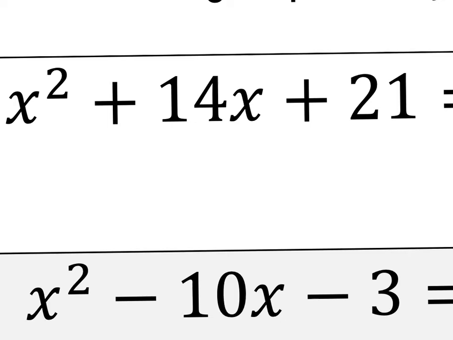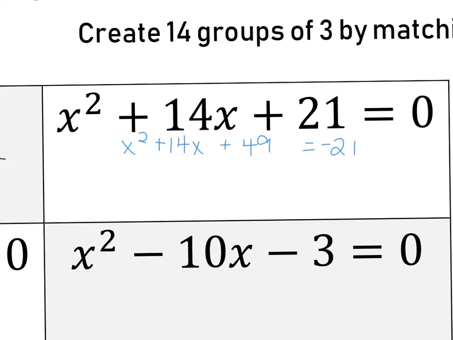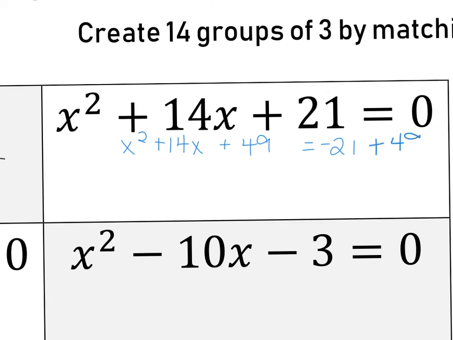All right, so then I'm going to do x squared plus 14x. If I move the 21 to the other side, it's going to say negative 21. So I take half of 14, which is 7, and I square that, which is 49. Okay, so on the left-hand side, if I were going to factor that trinomial, I'm looking for what multiplies to 49 that adds to 14, and that would be positive 7.